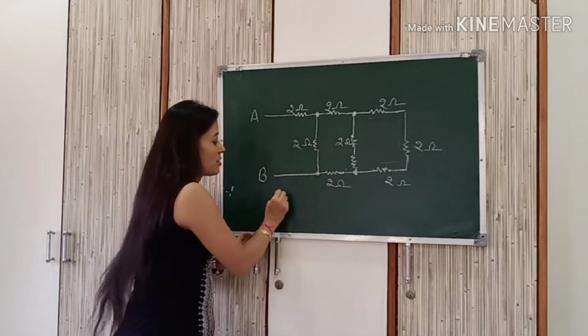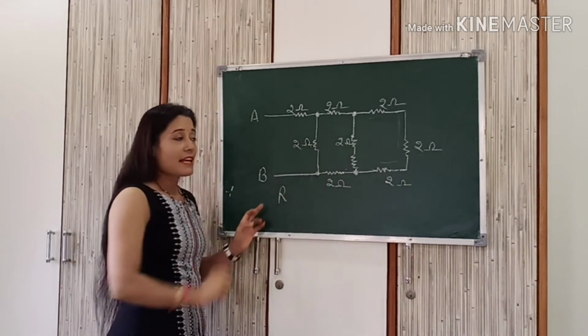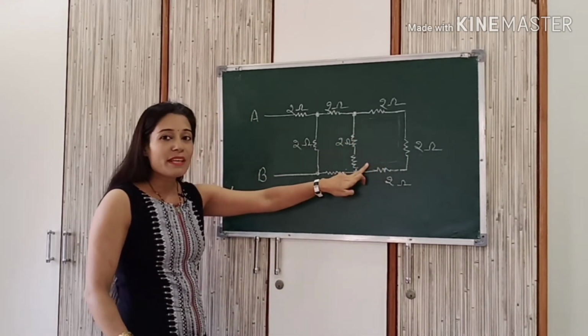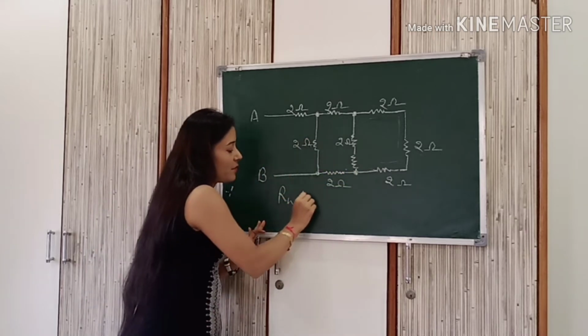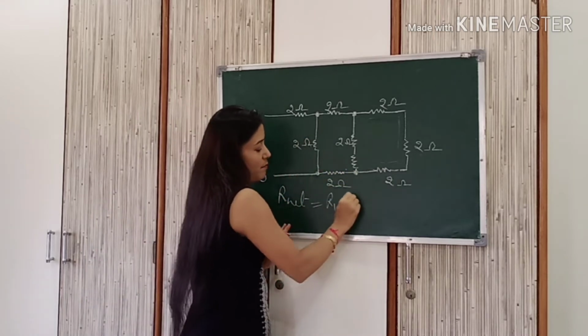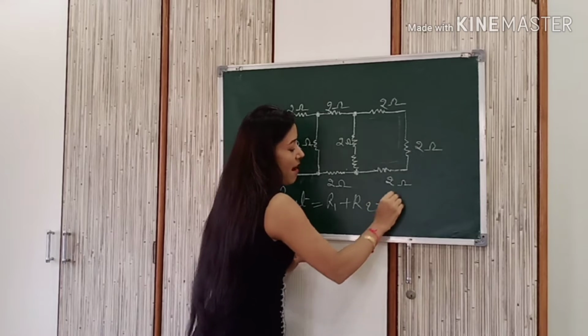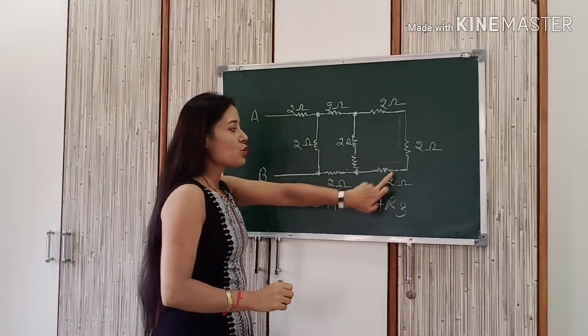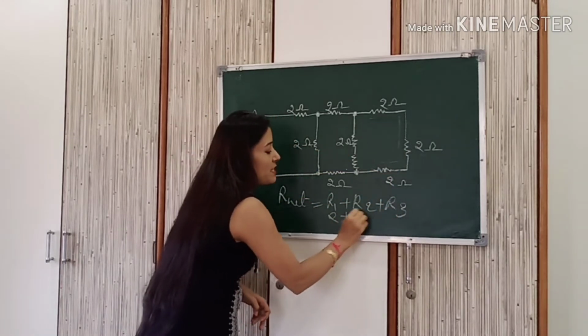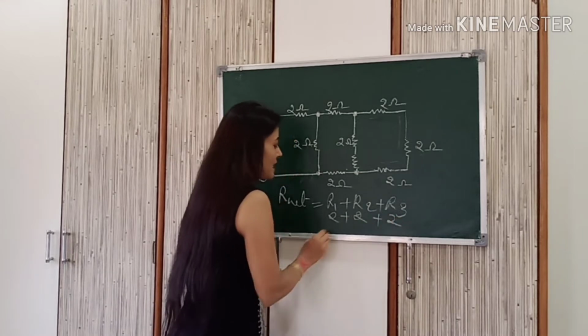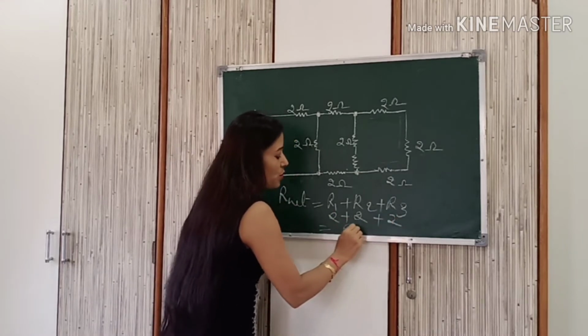Let's check it out. We have already learned that in a series type of combination, R net is equal to R1 plus R2 plus R3. So R1, R2 and R3 is 2 plus 2 plus 2. That means our R net is equal to 6 ohm.